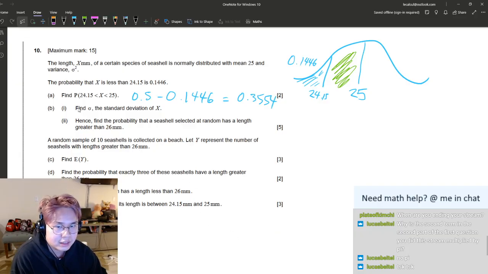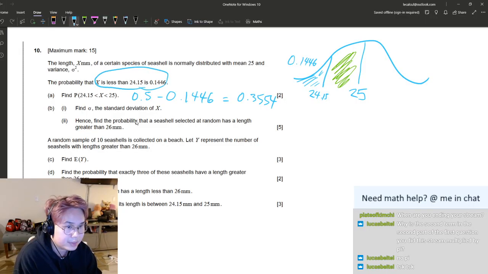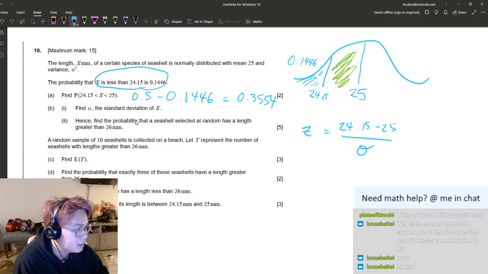And then hence find the standard deviation of x, so we will need to do some standardization using this information right here. So first off, the z-score is 24.15 minus 25 divided by the standard deviation. And then we can also use the z-score by doing an inverse norm.